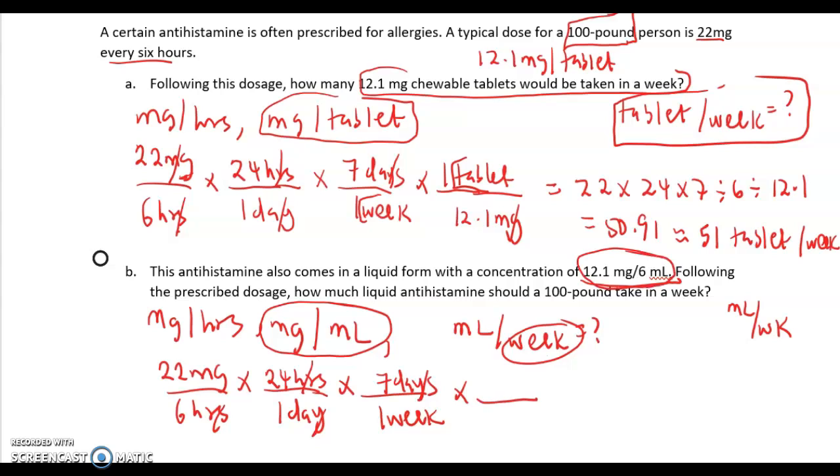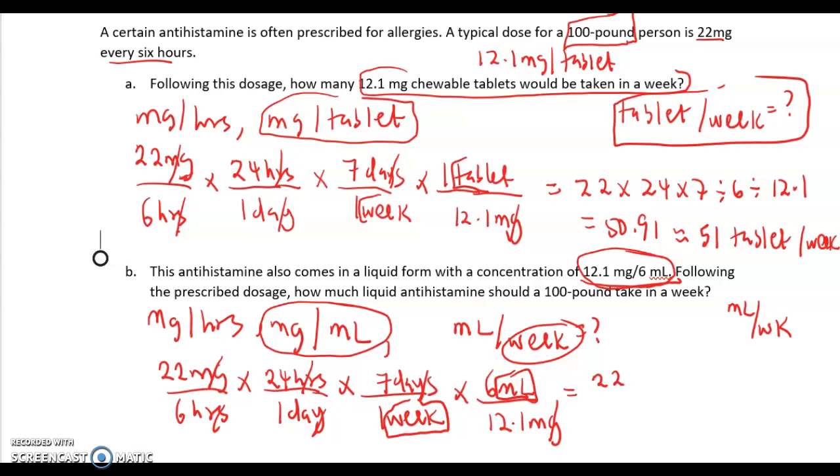So we're going to go ahead and flip that rate with our 6 ml at the top, because that is what we want to have at the top. We want to have ml at the top. And we also have to have our 12.1 milligram at the bottom so that the milligram can cancel out. Now we have some milliliters at the top. We have some weeks at the bottom, so that part is done.